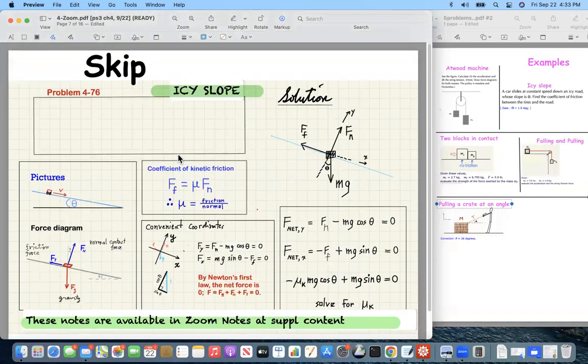Or here's another example, an icy slope. Let's say you have a car on an icy slope, and it's sliding down because there's not enough friction between the tires and the ice. How fast will it move? Or what acceleration will it have? Well, you have to analyze the forces.